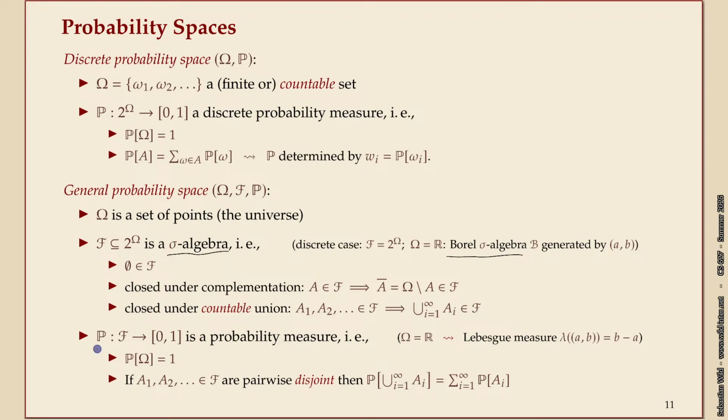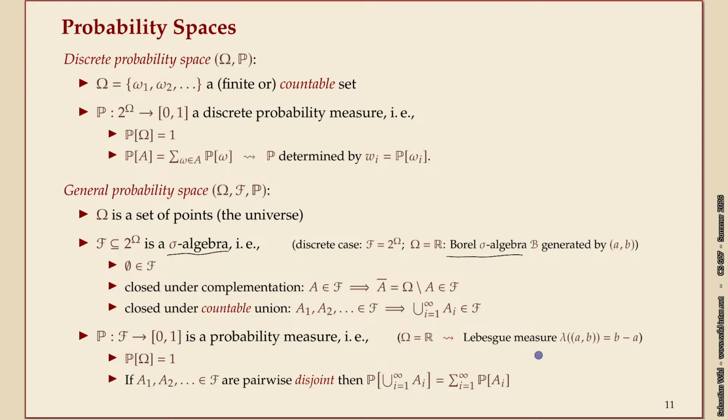Then the second bit, as before, we need a probability for all those measurable sets. That's what they're called here. Probability in general is a measure. Measure just means it's a function that maps sets to real numbers. And that also has some of the same properties as above in a way. But here it's only defined on this subset of sets.